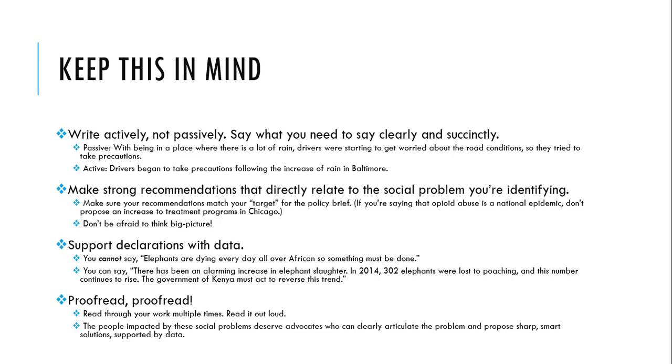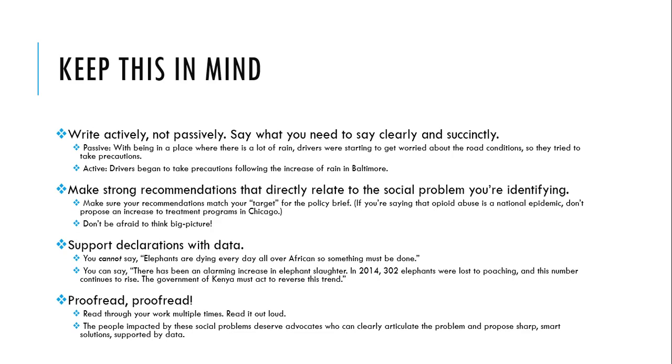And then finally, I implore you to proofread. There are examples in this very slide of why it's important to proofread, because sometimes errors distract from our points. So read through your work multiple times, read it out loud.